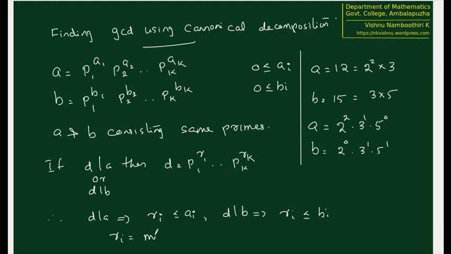So Ri is less than or equal to the minimum of Ai, Bi. Now if we want to take D to be the largest common divisor, then D must divide A and D must divide B, and not only that, the power Ri appearing must be the largest possible.